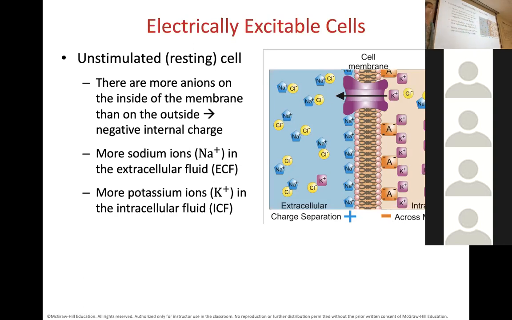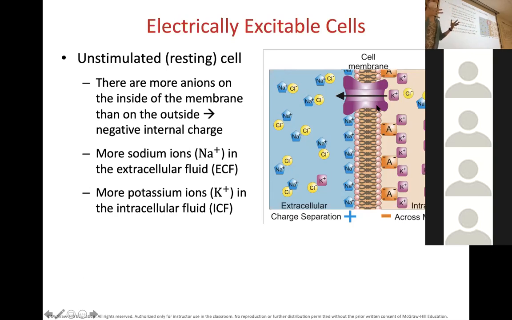So the sodium and potassium, they're both positively charged, right? So that's not necessarily where we get all of the negative charge from. But in general, there are more sodium ions outside the cell in the extracellular fluid. So you see all these sodium ions; potassium ions, there's more inside the cell. So there is this gradient where you have a lot of sodium ions outside the cell, a lot of potassium ions inside the cell.